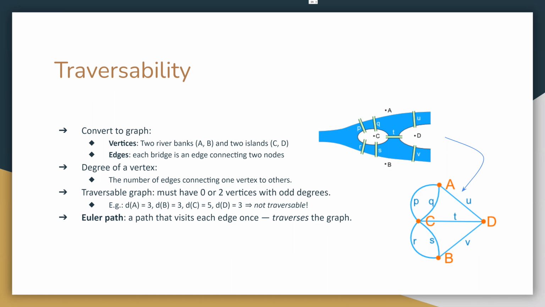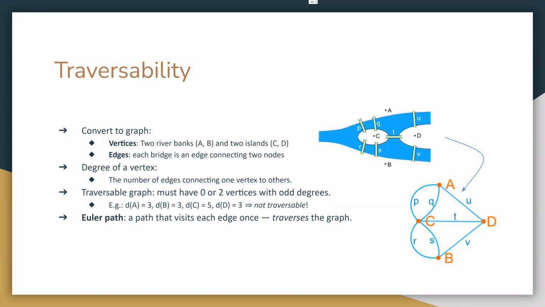Also, this concept of the Euler path is named after the mathematician. It is a path where you start at a point and then walk through the path so that you go through all the edges in that graph once.